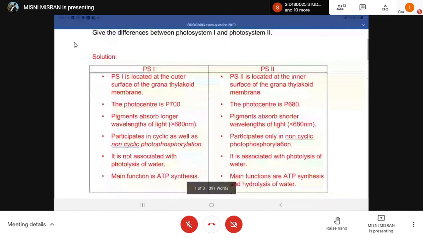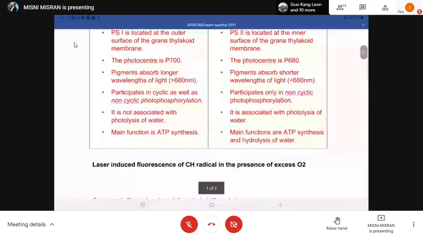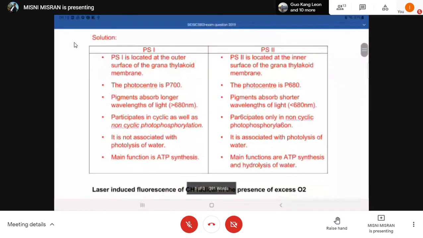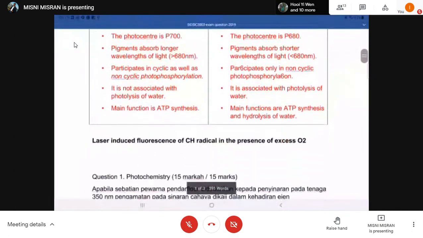Even here, you can mention, for example, why we call it photosystem 1 and photosystem 2: photosystem 1 was found first, then later on photosystem 2. This is a difference, in the name itself. So you can add them, what's the difference, right? The differences, they are not actually the same, right?